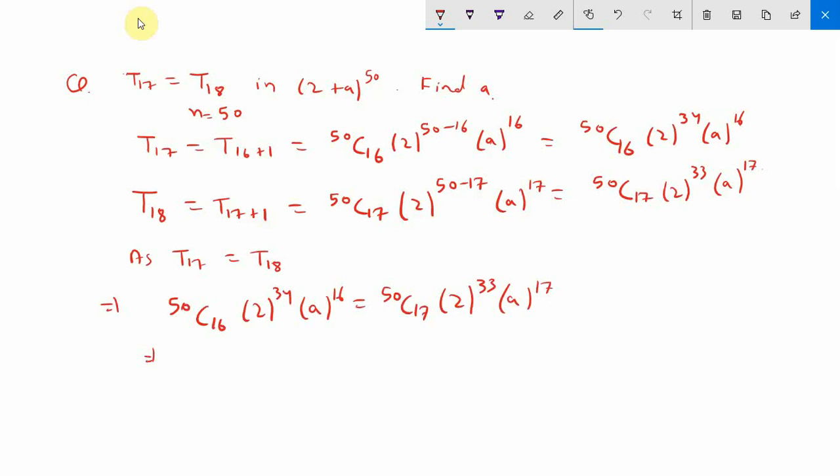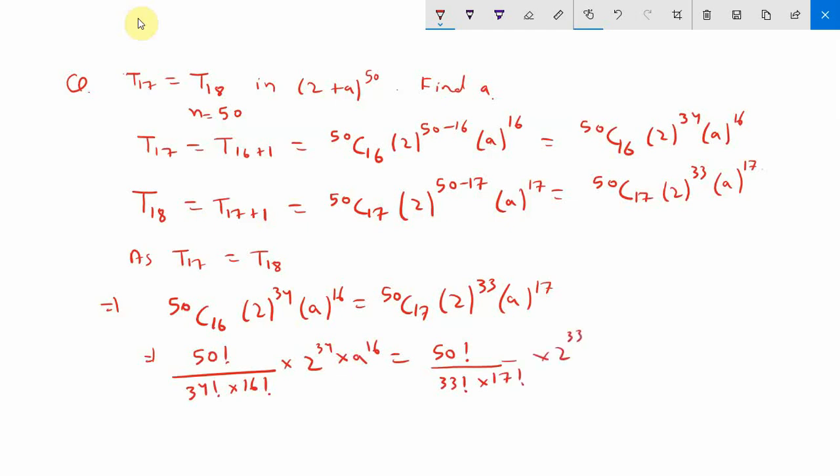So now we will simplify this. See, 50C16 we can write as 50 factorial by 34 factorial into 16 factorial, into 2^34 into a^16, and this will be 50 factorial by 33 factorial into 17 factorial into 2^33 into a^17. So see, 50 factorial will get cancelled on both sides, and this 2^33 will cancel, and with a^16, a will remain.